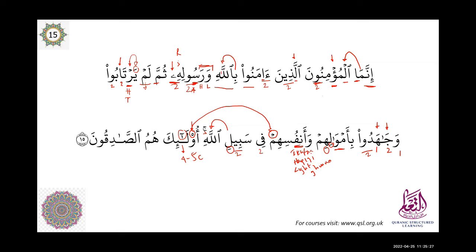It's not ulaika. That circle on top of the wow is there because you don't read it. It's there for another reason. It has to do with the script and how the old script of the Quran was written, because in the past it never had any harakat. Because of that, this wow was added to represent the dhamma on the hamza. Because of time, I can't go into it.